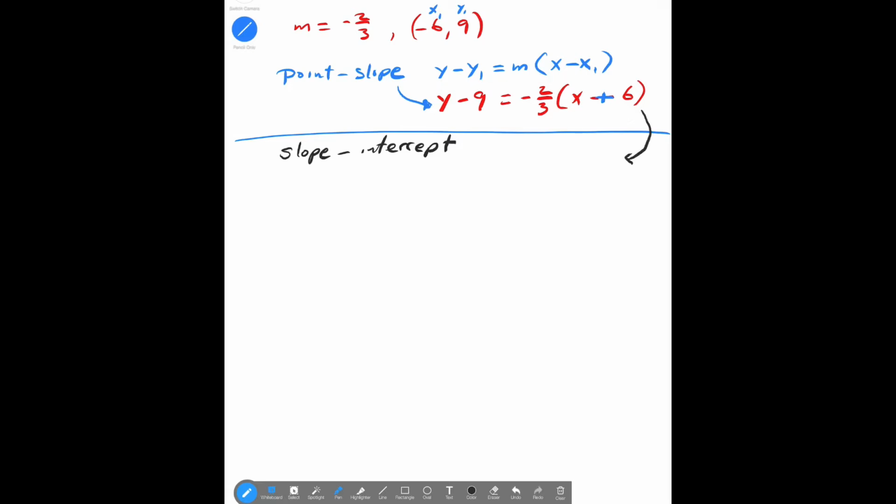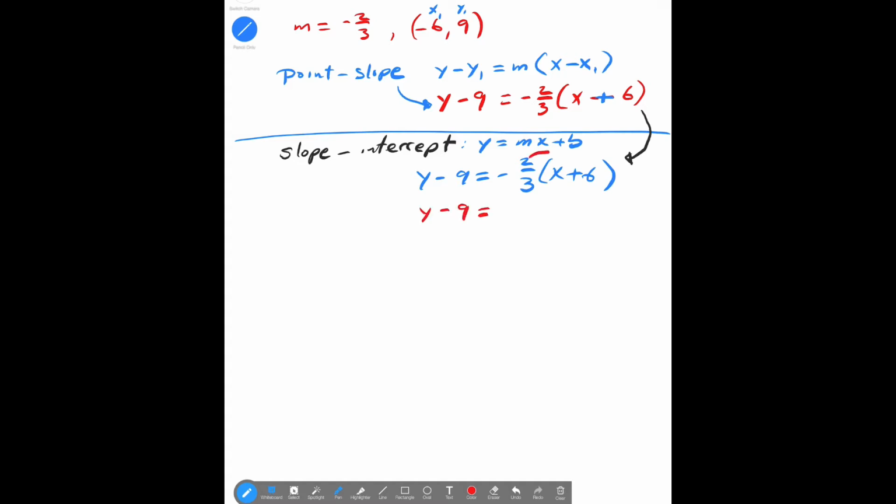So we are going to use the point slope form to make a slope intercept form. So y minus 9 equals negative 2 over 3 x plus 6. For slope intercept form, what you do is you solve for y equals mx plus b. So let's solve for y.